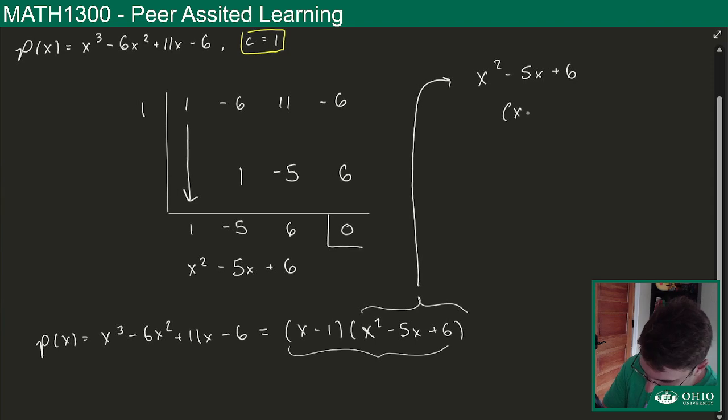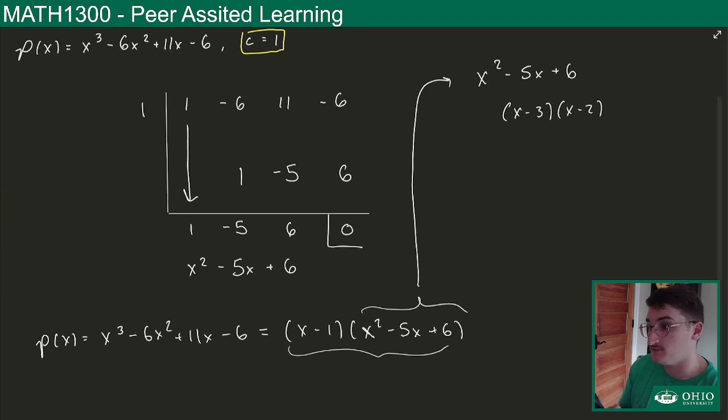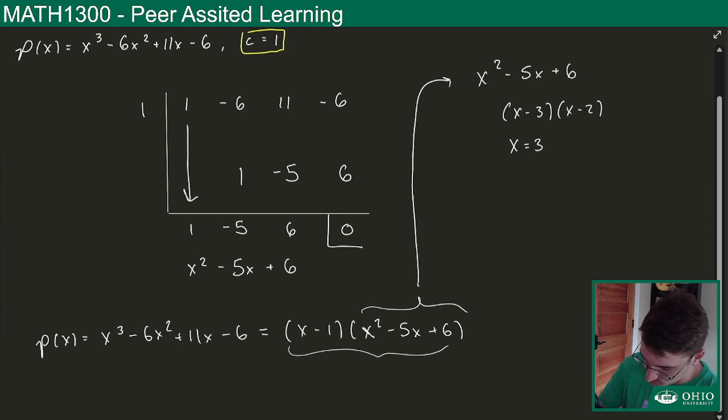So I can write x minus 3, x minus 2, because -3 plus -2 is -5, but -3 times -2 is 6. And then we can extract from that zeros. So I can extract that x equals 3 and that x equals 2.